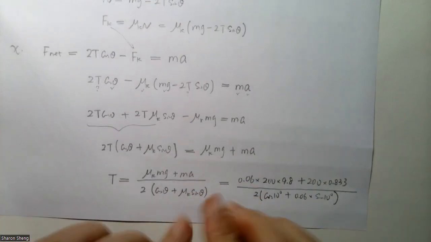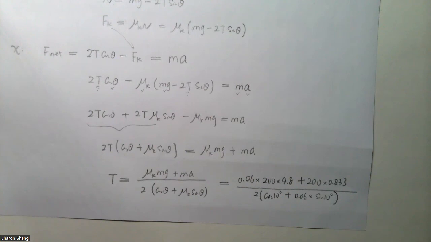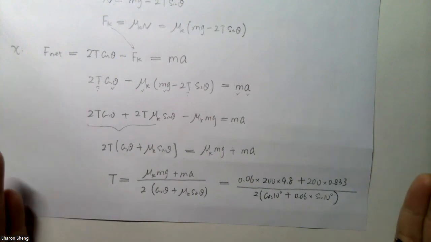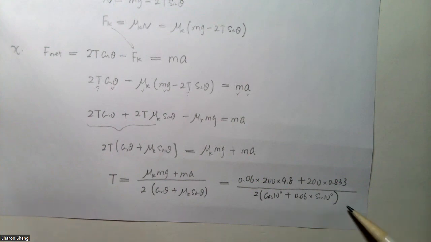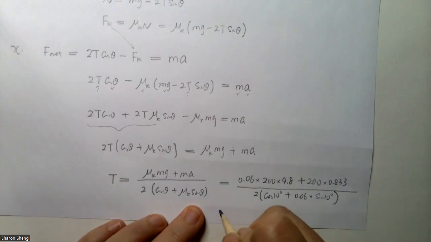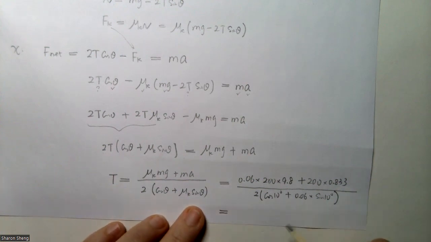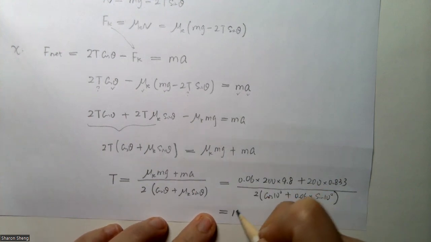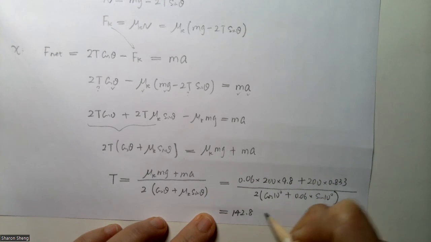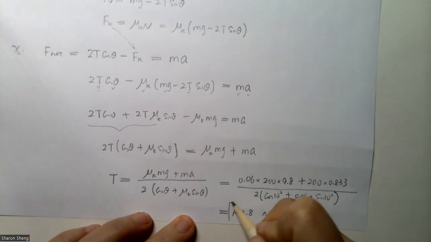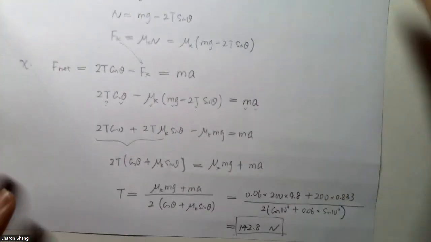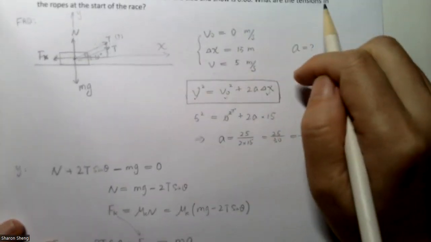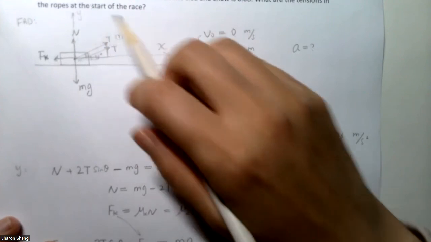Now you start to click your calculator. Don't forget to keep the parentheses around the numerator and the denominator. And if you do the calculation, the final answer, T equals 142.8 Newton. That's the final answer. So the tension in each rope, what are the tensions in the ropes at the start of the race?